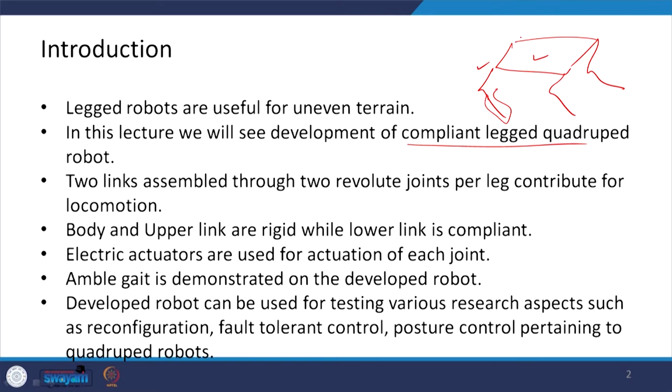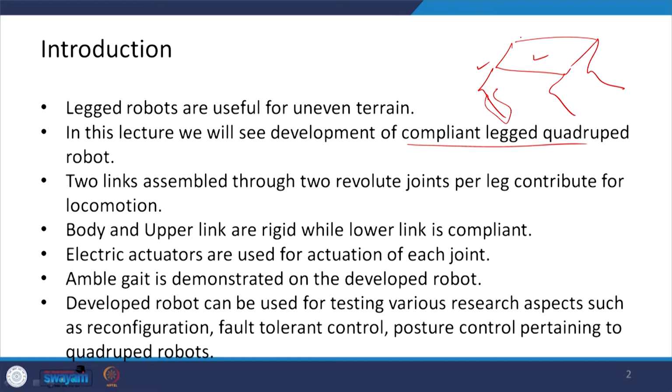And electrical actuators are used for actuation of each joint. We have already seen a lot of detail about electrical actuators, and here the amble gait is demonstrated on the developed robot.